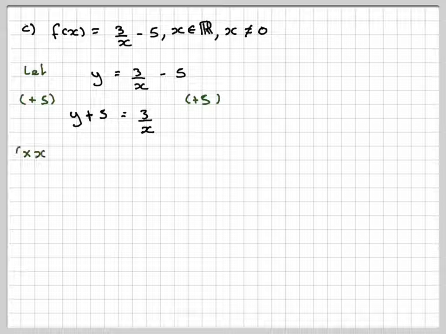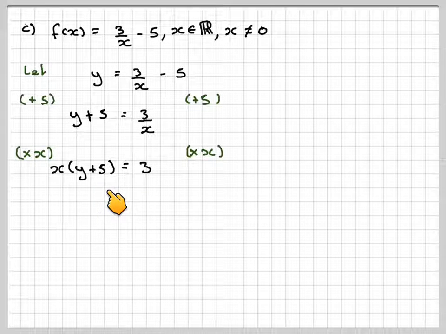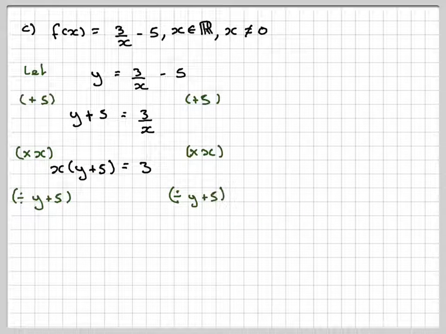So if we multiply both sides now by x, we're going to get x times y plus 5, x times 3 divided by x will give me 3. Now, we don't really need to expand the bracket here. All we need to do is, this is x times y plus 5. So if we do the division of y plus 5 on both sides, we're going to get that x is equal to 3 over y plus 5.